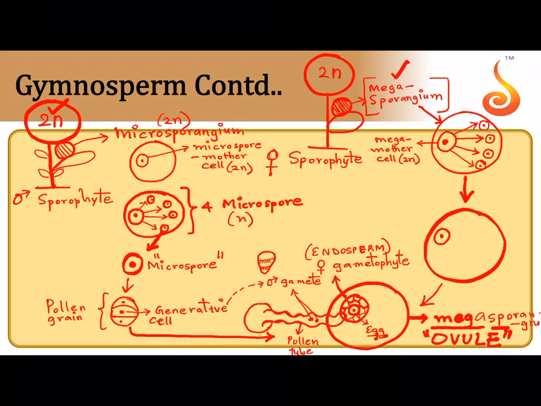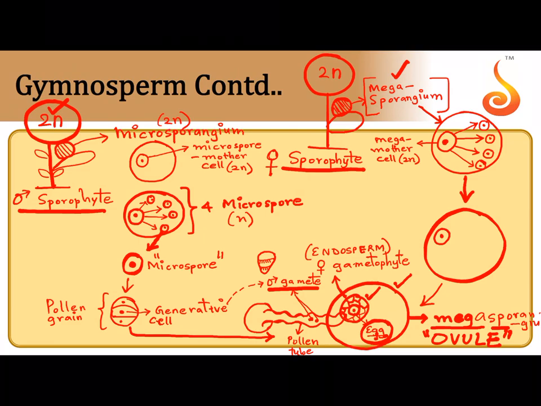And now I told you in the previous slide, the megasporangium with a female gametophyte with a new zygote inside is now called seed. And the seed will grow to either become the male sporophyte, or to become the female sporophyte.